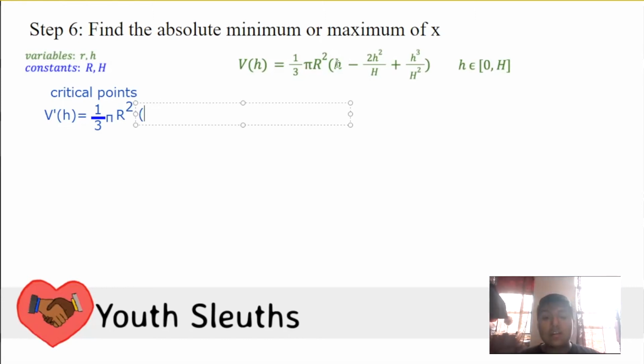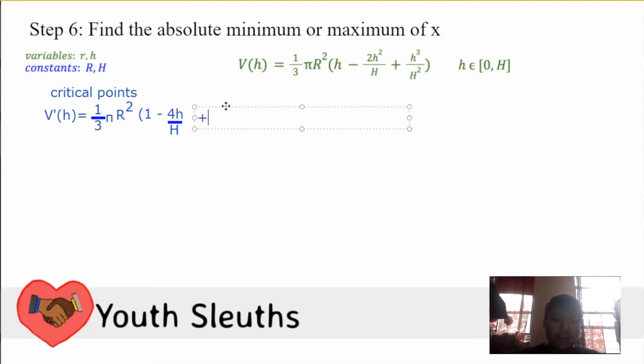So for the little h, it would just be 1. For this one, we bring down the 2 and we multiply it by the 2 that's already there. So we have 4 little h, and then that's being divided by big H. And again, the big H is being left as a constant because we already found that out before.